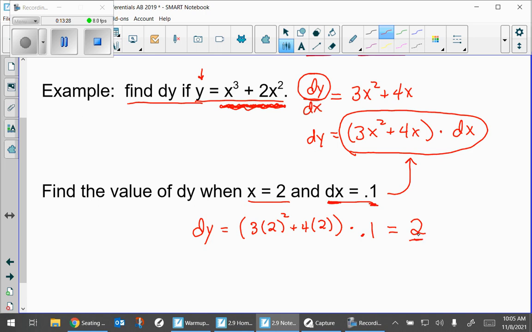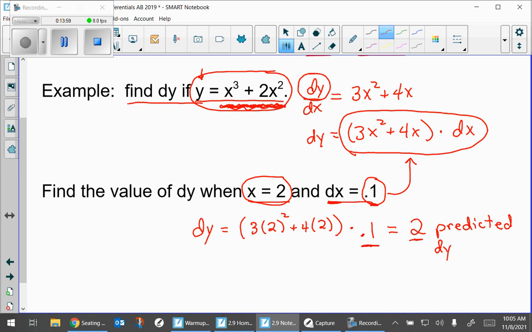Answer is 2. So, in this function right here, when x is 2, and you change x by this very small amount, this is a predicted small change in y.